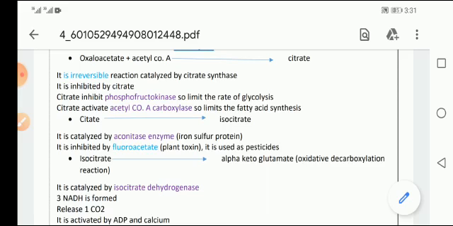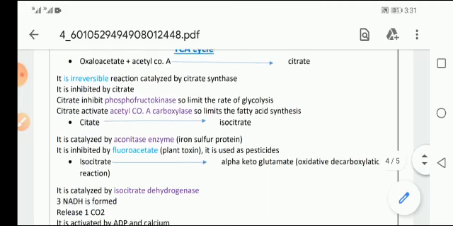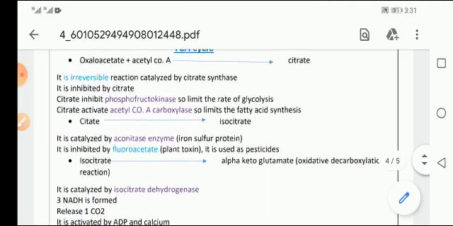What does this mean? Actually, acetyl-CoA carboxylase is very important for the conversion of acetyl-CoA to fatty acids. So, once I activate this enzyme, this would limit fatty acid synthesis.